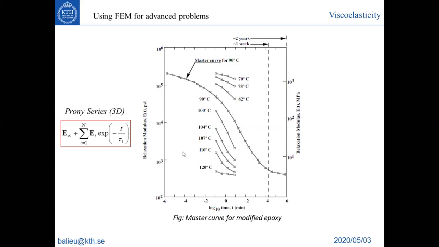So you can characterize the behavior here. The number of tau i you decide by yourself, and you fix this value. And the idea is to characterize this term and this term. So this was the relaxation test.